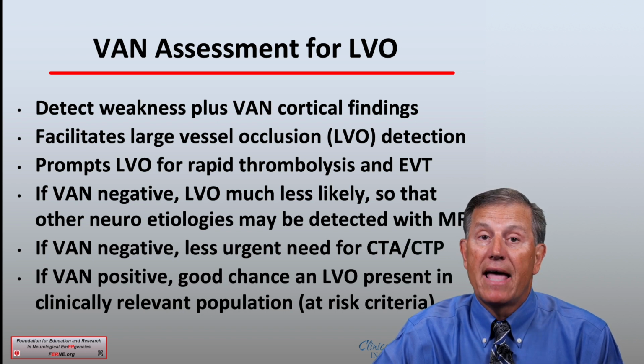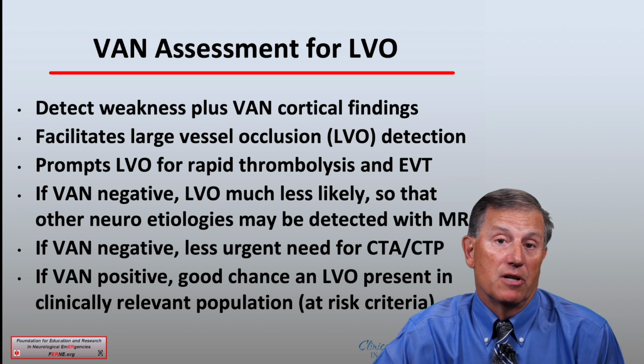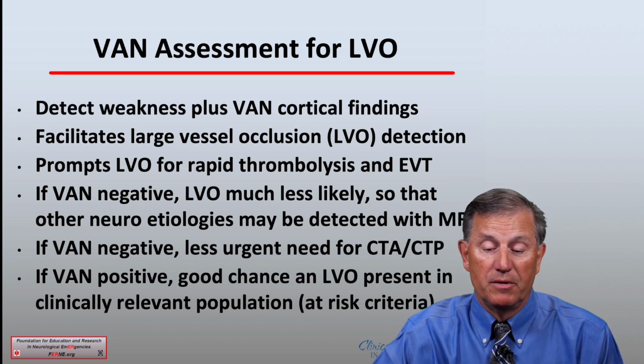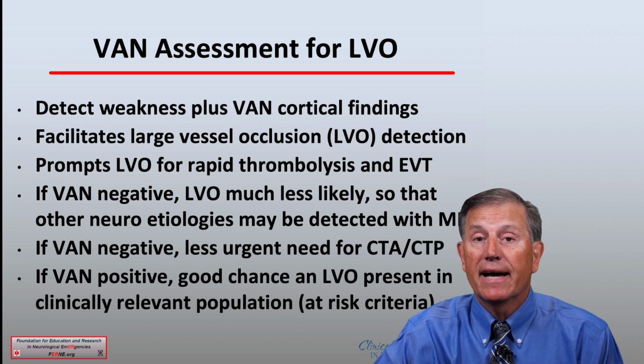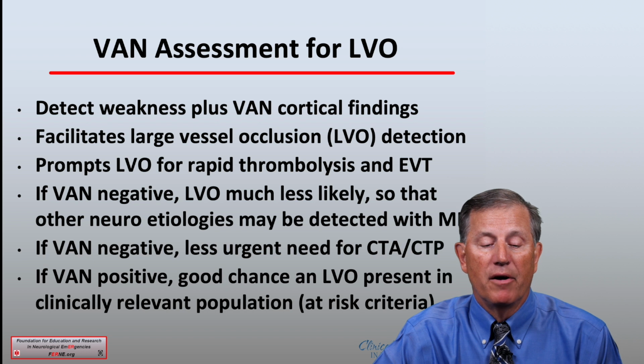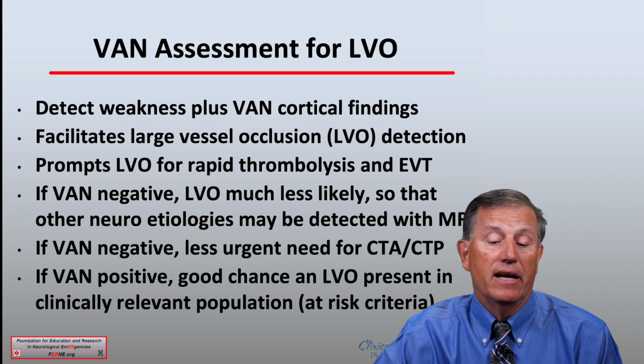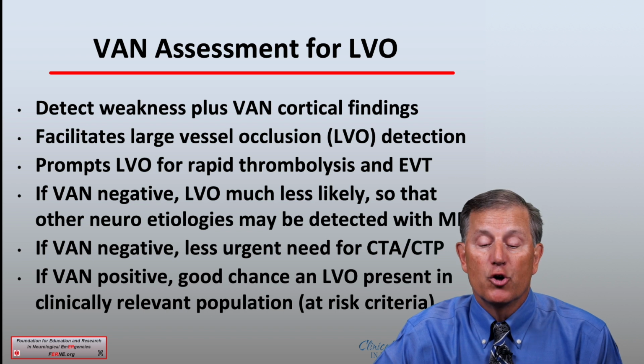If the VAN is negative, then LVO is much less likely, so that other neurological etiologies for the symptoms may be detected not with CT multimodal studies, but with MR testing. In other words, if the VAN assessment is negative, perhaps there's a less urgent need for CTA or CTP if it's not immediately available.